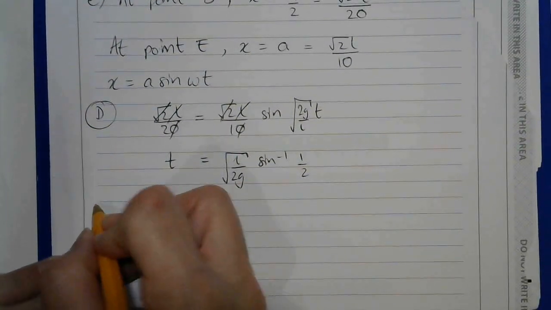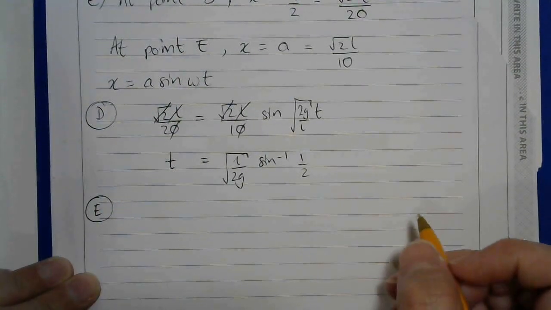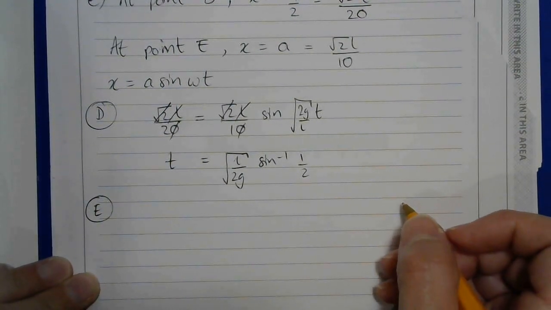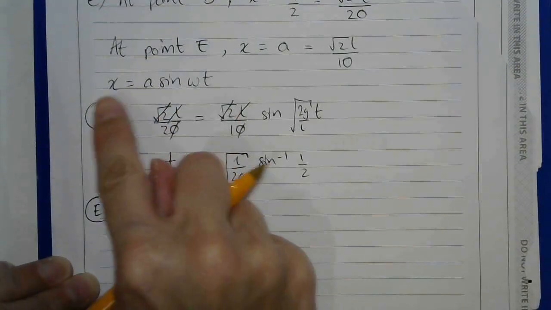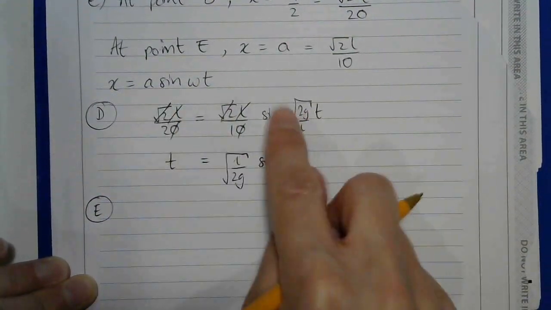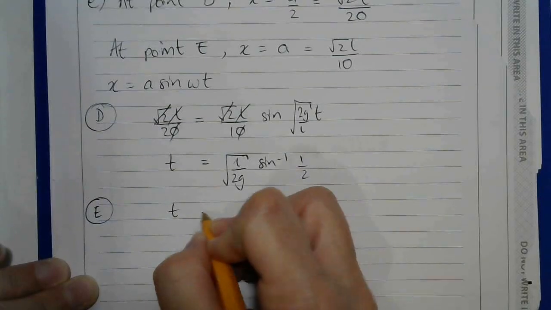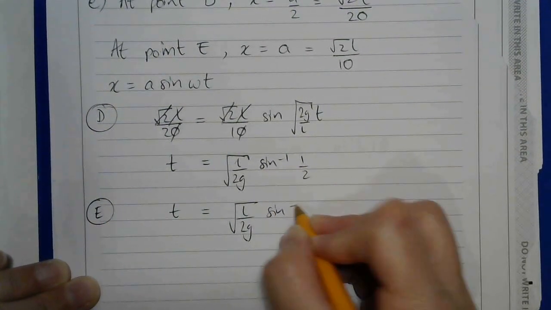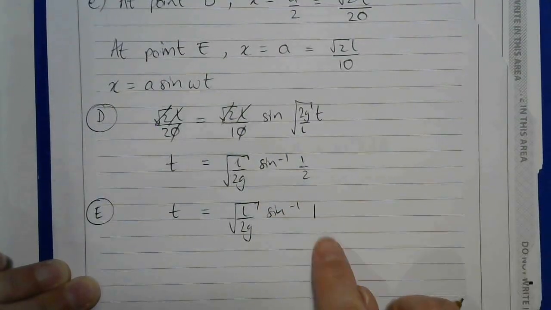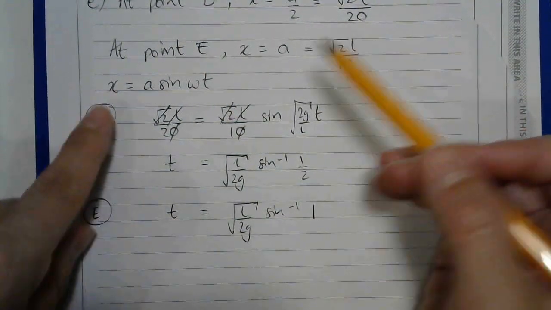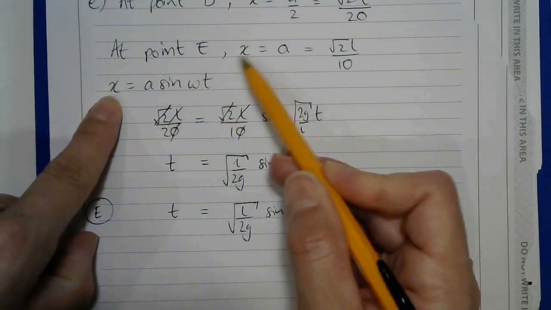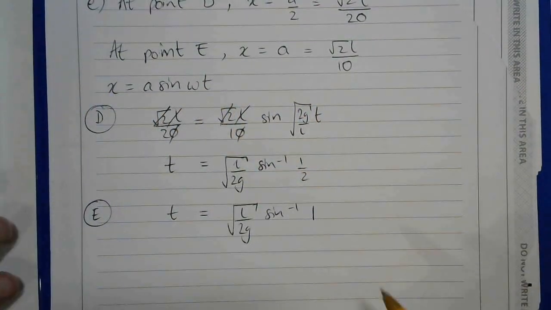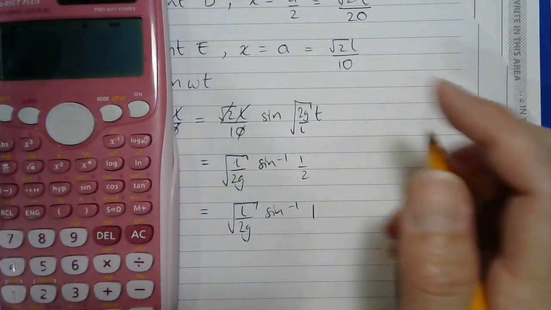Then if I do the same thing with E, this time I will end up with A equals A, so I'll get 1. And so I'll get exactly the same thing, but with a 1 here, because here and here I have the same values as each other. Okay, so I need to make sure my calculator is in radians.